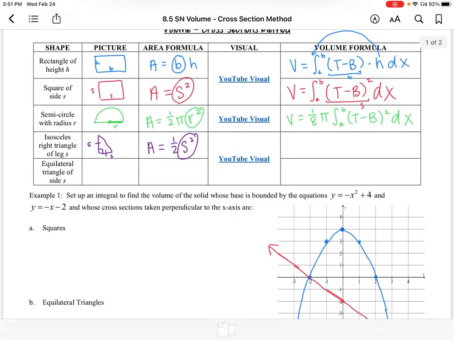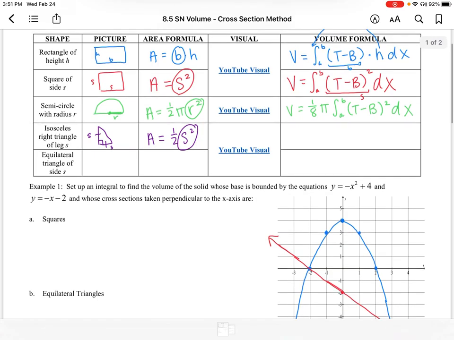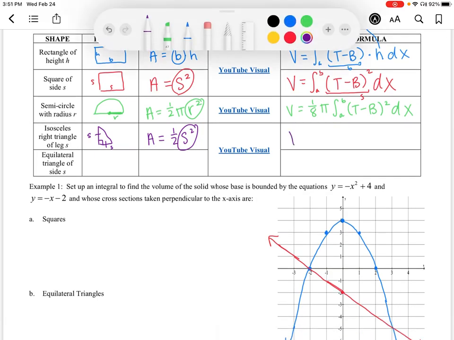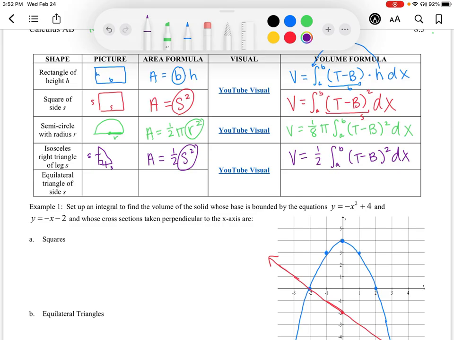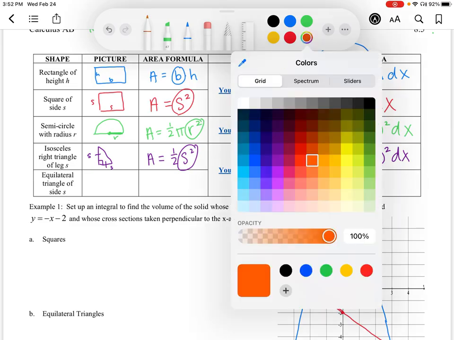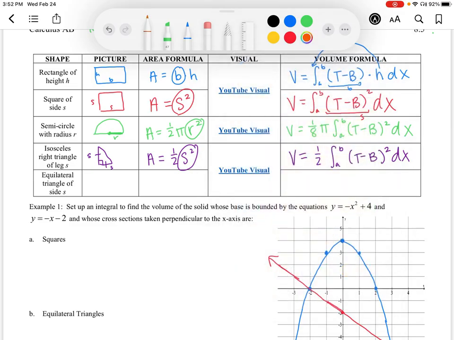Okay, so if I have 1/2 s squared, I would have the volume is equal to, and I'm going to put that 1/2 on the outside, the integral from a to b, and the s is the top minus bottom squared dx. All right, and our last formula here is equilateral triangle.